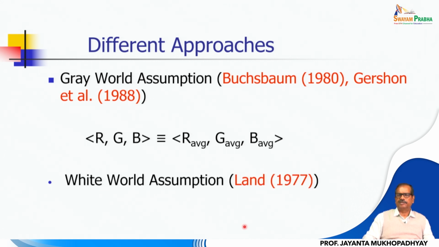In the white world assumption, as I mentioned, specularity is a major property which preserves the color of the light source.